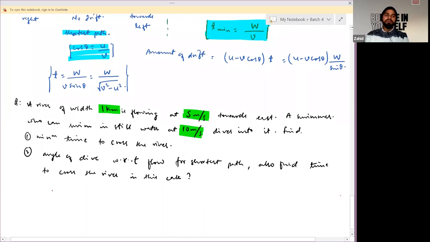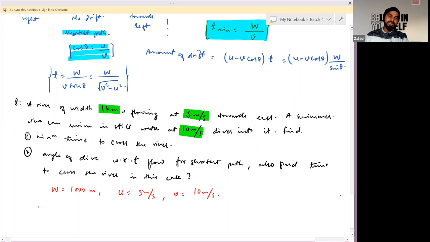According to the question, the width of the river is 1 kilometer, so in meters it will be 1000. The velocity of flow of the river is 5 meter per second, and the velocity of the swimmer is 10 meter per second.